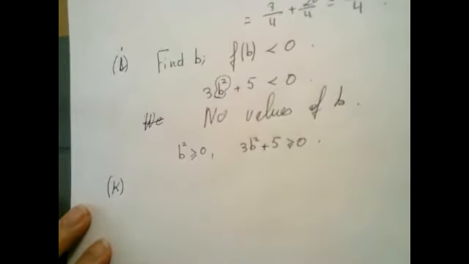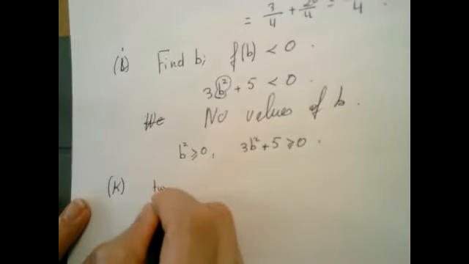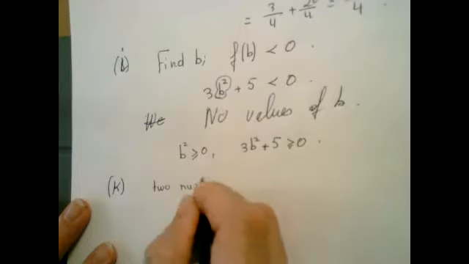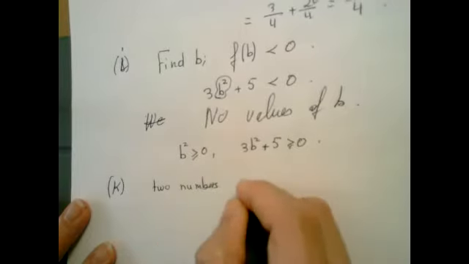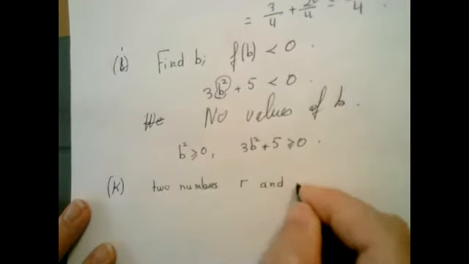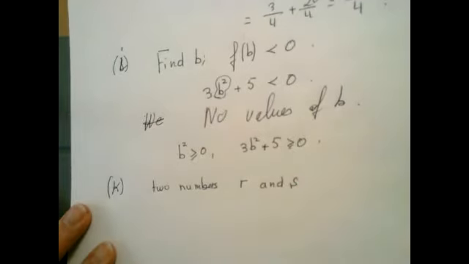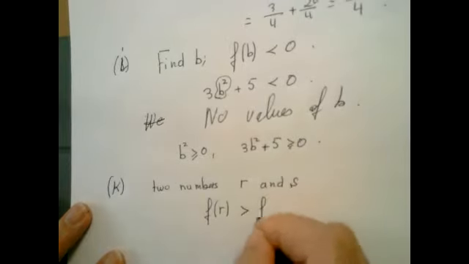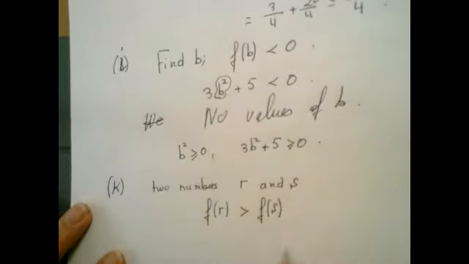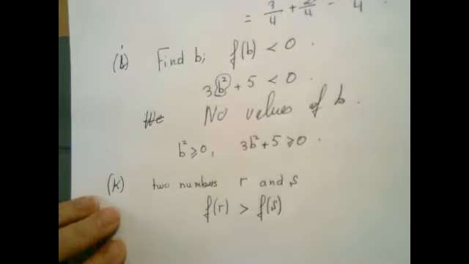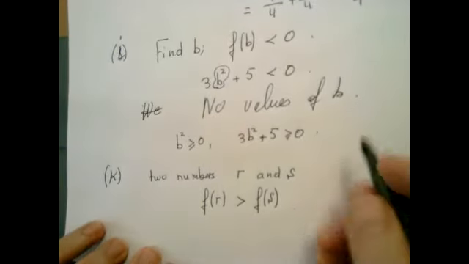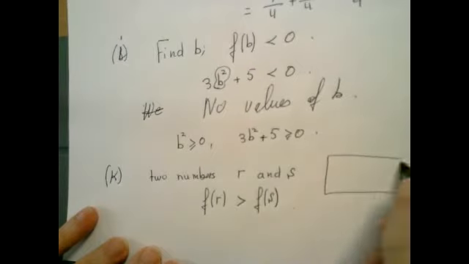K, for example. Can you find 2 numbers? The idea here is just to understand the function and play with it. R and S. I want 2 numbers. You have to give them to me so that when I evaluate f at R, I get something greater than the value of f at S. So remember what f does. Always keep track.